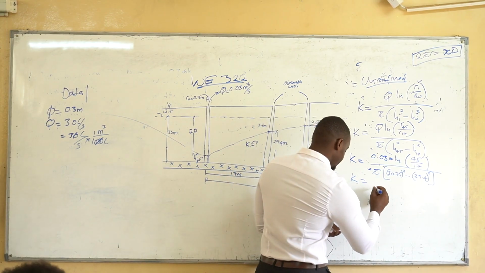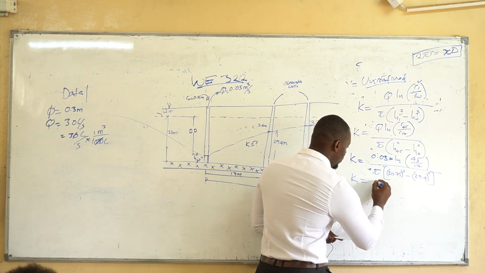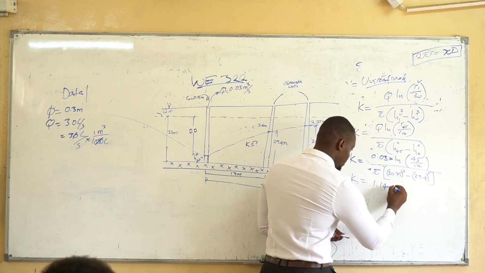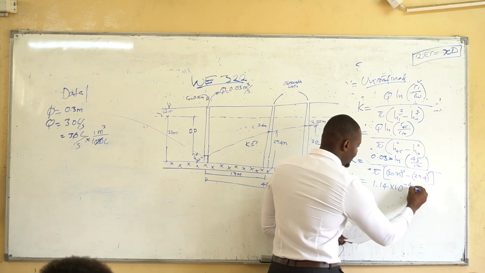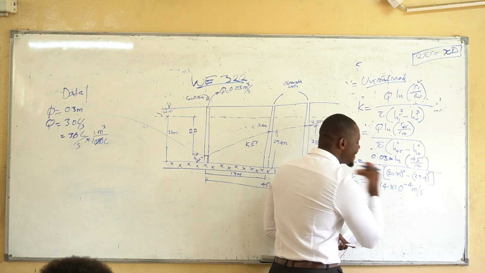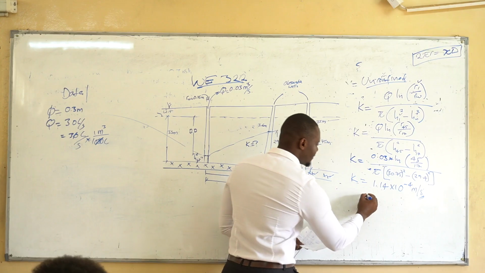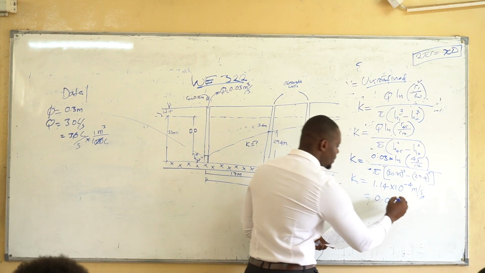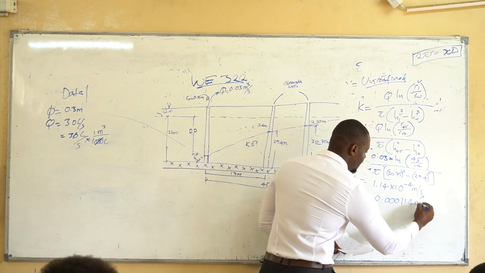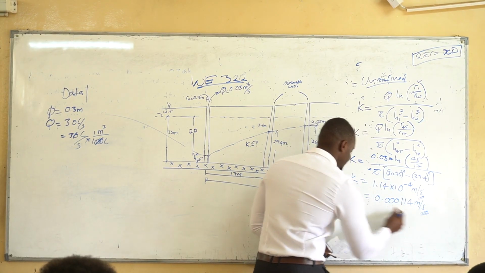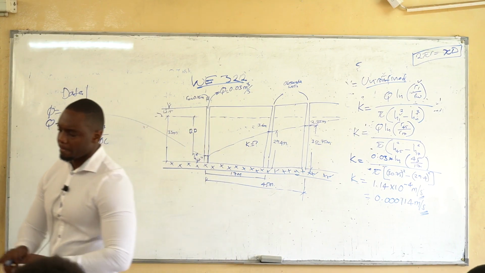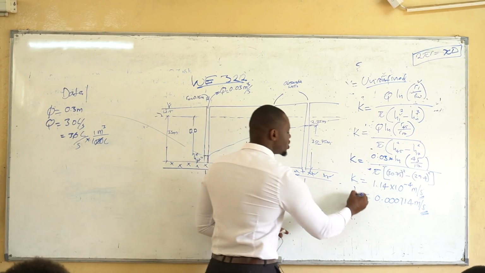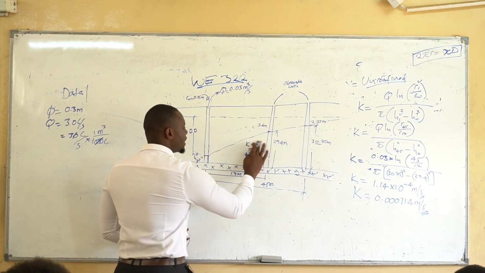Okay, so this is 1.14 by 10 raised to the power negative 4 meters per second. If you don't want to leave it in that format, you can leave it in this format, which is much easier because you're going to be making use of it. 114 meters per second. So that's your conductivity, your hydraulic conductivity. So now we know this.